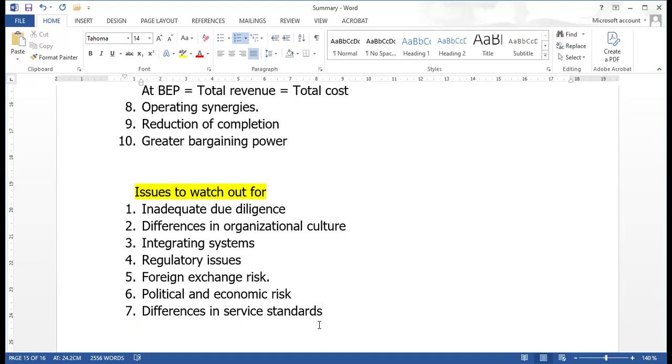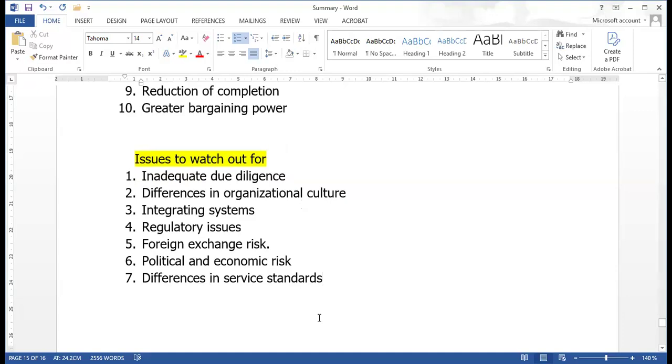If you don't watch out on that, whether you are going to establish a new entity or acquire, one way is that you should appoint competent integration teams, establish clear targets, and regularly monitor the performance of your operations.